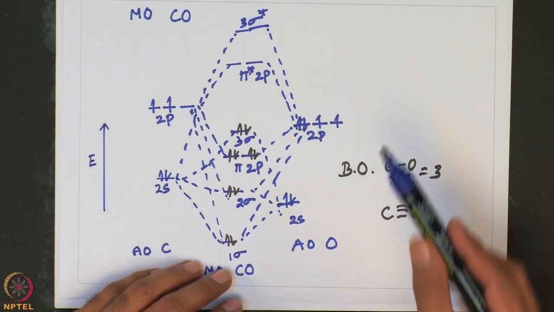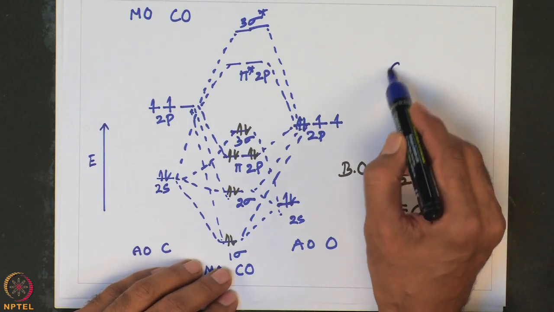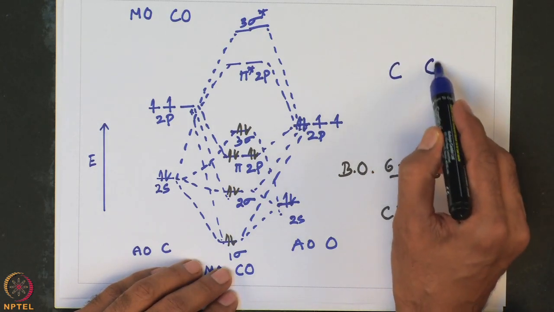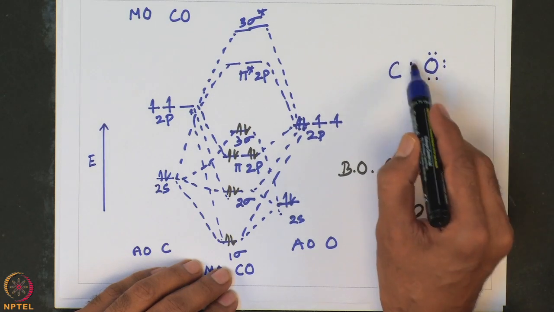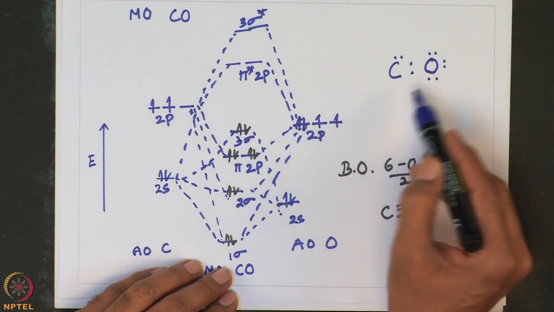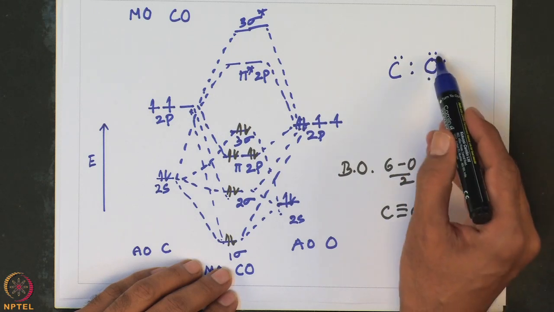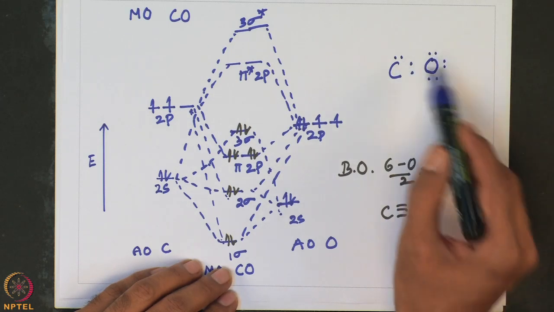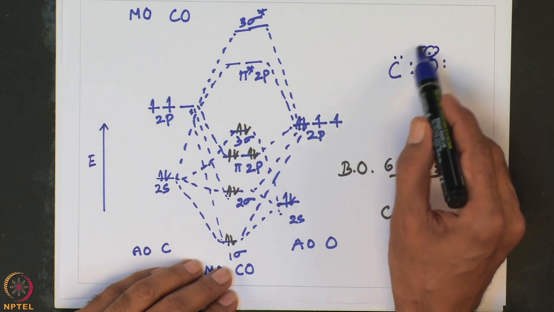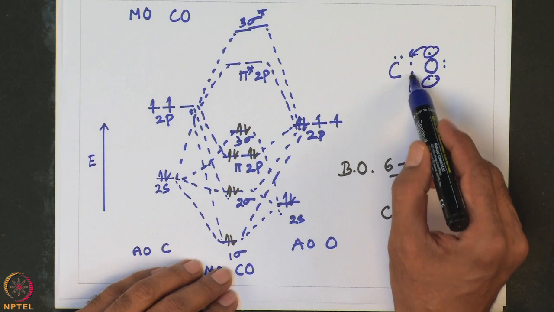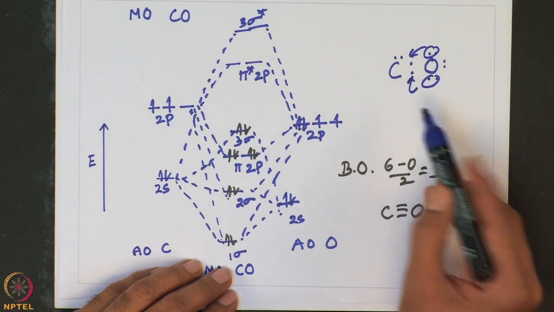And also when we look into the Lewis dot structure, this is how we wrote it initially. So, here the total number of electrons is 10. These two are coming here and these two are coming here in order to give an octet for both.